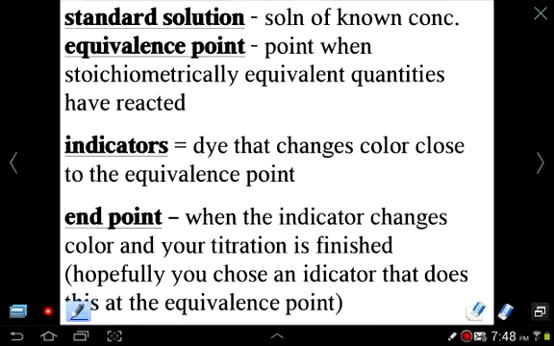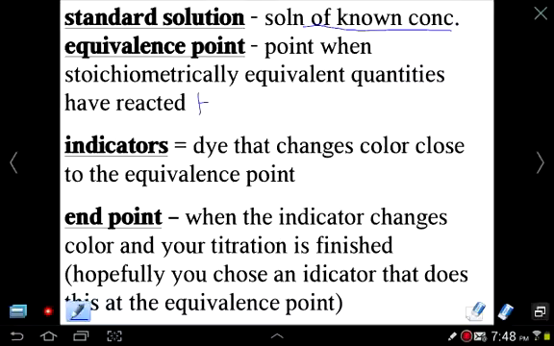So let's review some of these terms. We've actually talked about your standard solution, which is the one of known concentration. The equivalence point is the point at which stoichiometrically equivalent quantities have reacted. What this means is this will have to relate to your balanced equation.